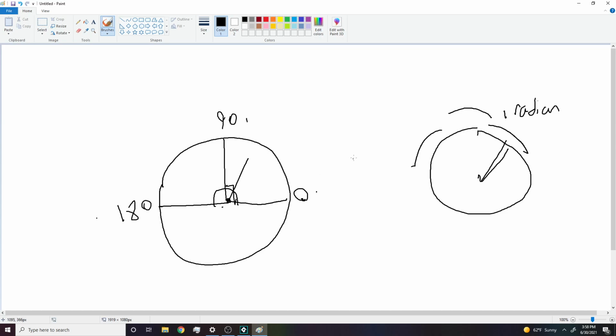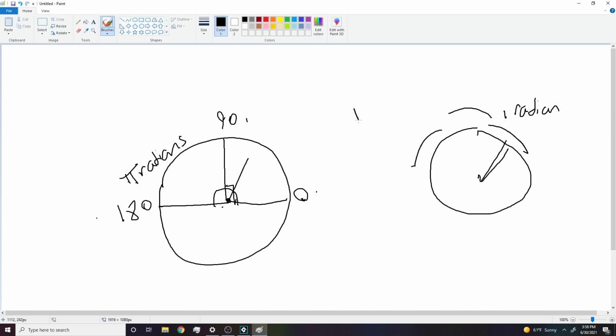So what we got here is 180, but we have pi radians instead. Going this distance around the circle, we'd have pi radians instead of 180.